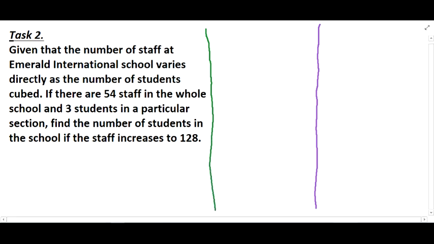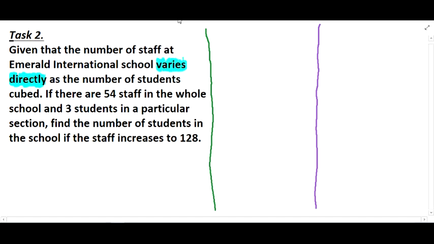Now we have a question that says, given that the number of staff at Emerald International School varies directly, I told you always ask yourself, what is the relationship here? So here it is direct variation. If it were inverse, they will still tell you it varies inversely, or varies jointly or partially.